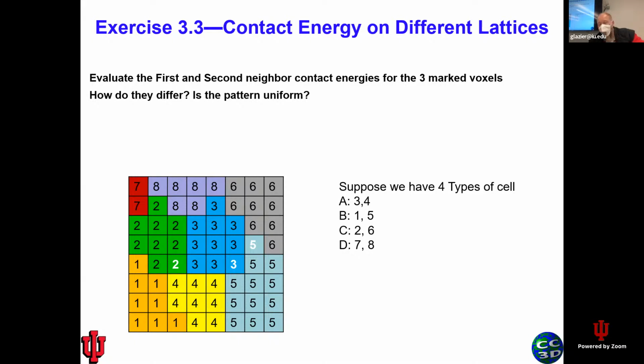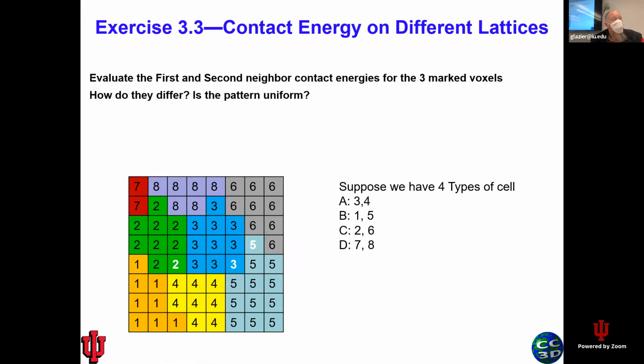And maybe people don't feel like doing this in detail today, but let's just have people try it on their own. Pick this voxel number 2. What's the contact energy associated with that voxel, the highlighted voxel number 2, if we do nearest neighbors? Well, let me do the nearest neighbor one first, and then you can think about the second neighbor.